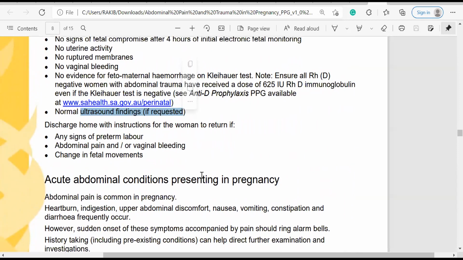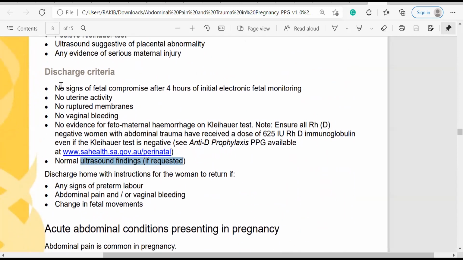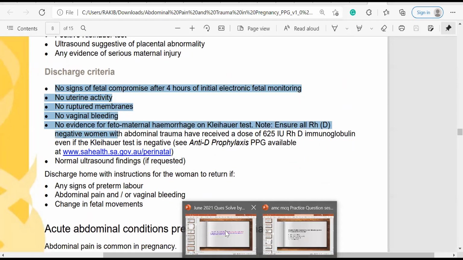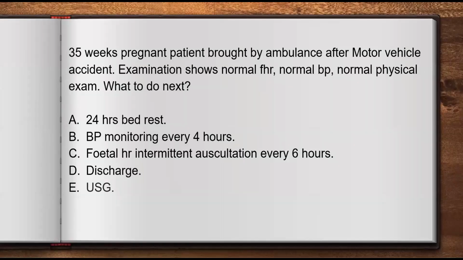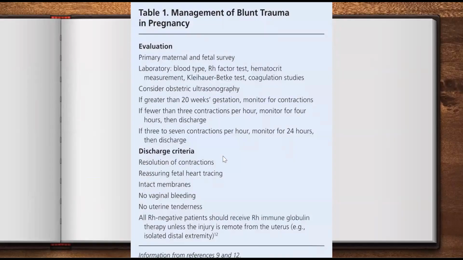And normal ultrasound. Okay, so we need to do all these things. So CTG and ultrasound should be done in this patient. So that will be your investigation of choice. Okay.